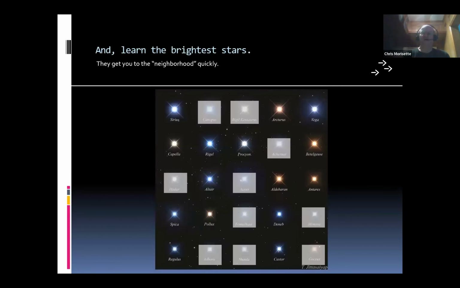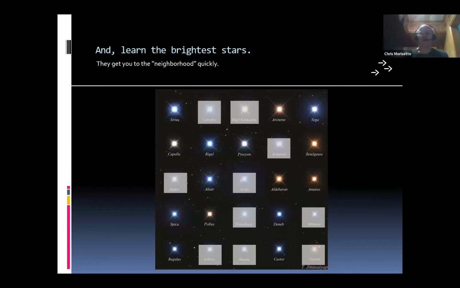One thing that I latched on to early on was that sometimes I had a hard time seeing the patterns that were out there in the night sky. So what I began to do is identify the bright stars that are up in the night sky.